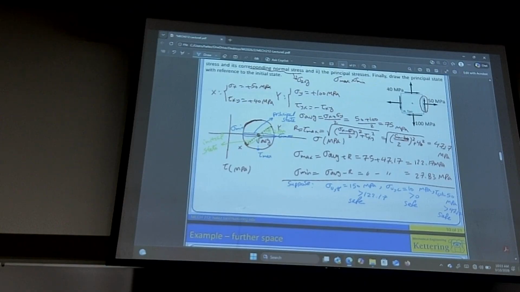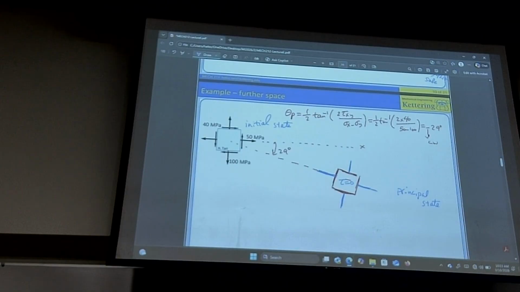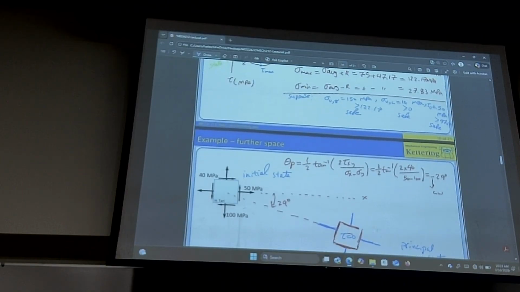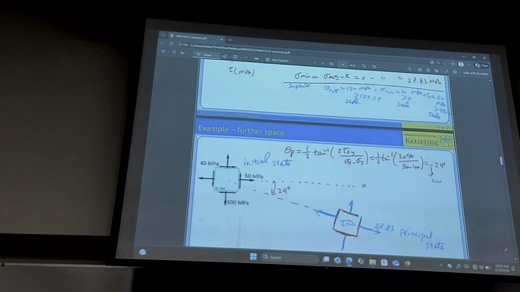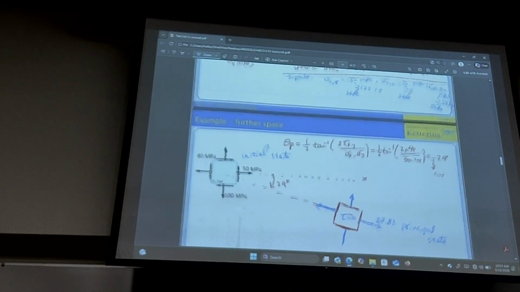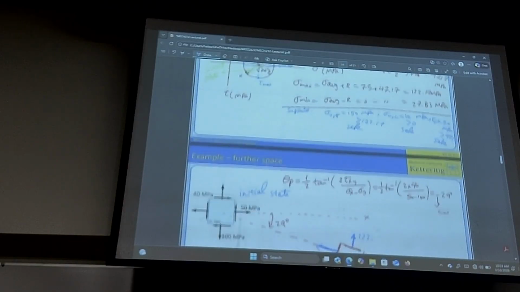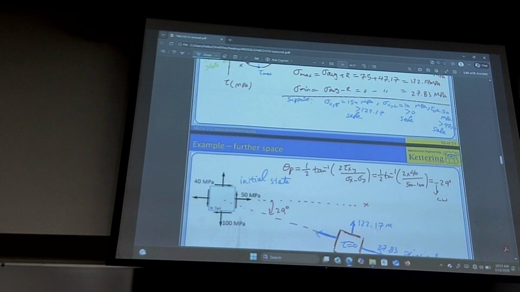All this stuff from X, it's easy to get to sigma min. So you have to put sigma min on this. Because it's already positive, you just put it outward, put 27.83 on that, and the other one has to be sigma max, which is 120.217.